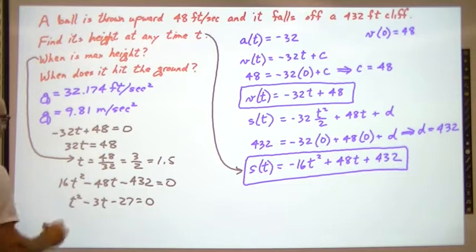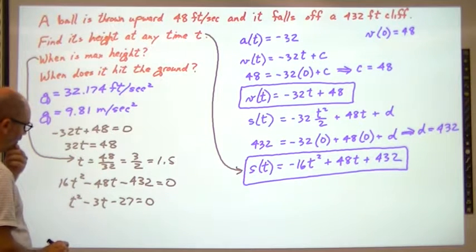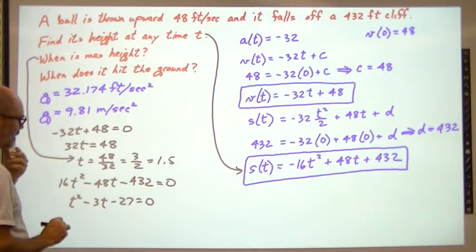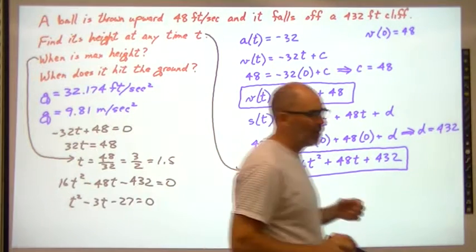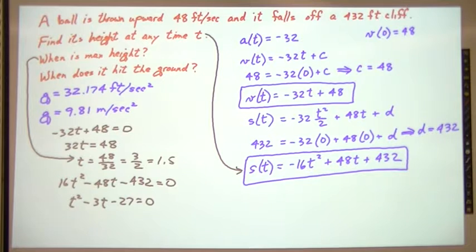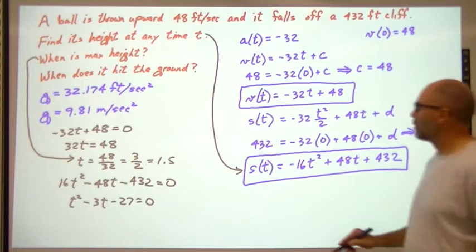So what multiplies to get 27 and adds to get negative 3? Nothing. So we basically have to use the quadratic formula for that, and you end up with 3 plus or minus 3 square root 13, all over 2. And clearly t can't be negative, so it's got to be just 3 plus 3 square root 13 over 2, which turns out to be approximately 6.9 seconds.